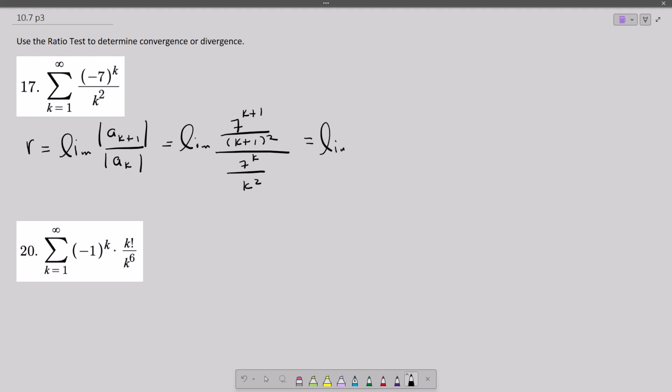So we are going to end up with 7 to the k plus 1 over k plus 1 quantity squared, multiplied by the reciprocal of the denominator.